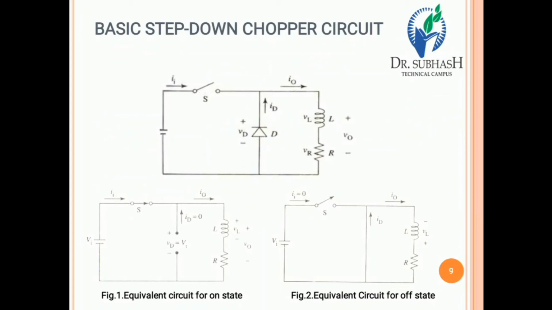Now how do we represent the on state and off state? In the on state, the switch goes into the turn on condition, so the supply voltage Vi is directly connected across the diode.